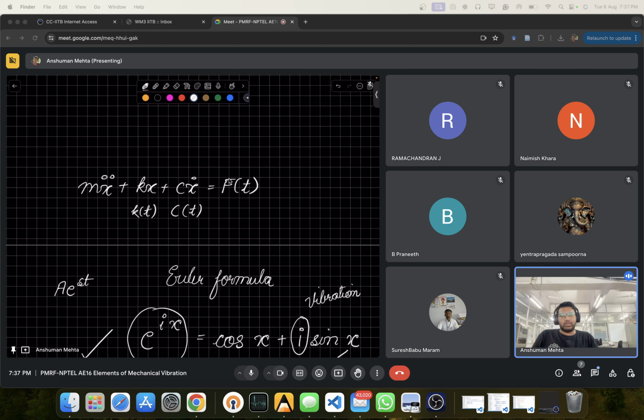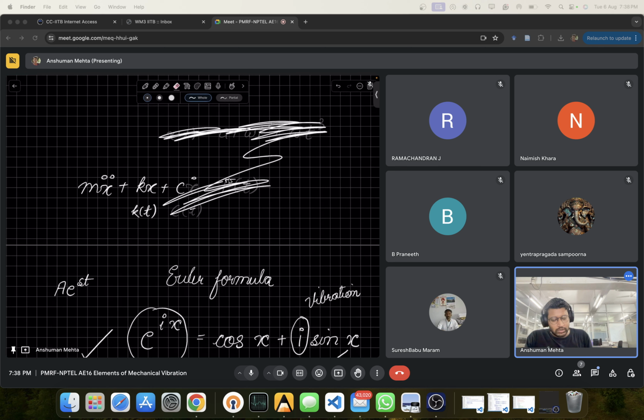Then there is no exact solution of this, so we have to resort to numerical methods. In numerical methods, we approximate things. We can approximate x(t) as a plus omega t square plus omega t cube or something, anything we can approximate. This is where the finite element method and all those things help.